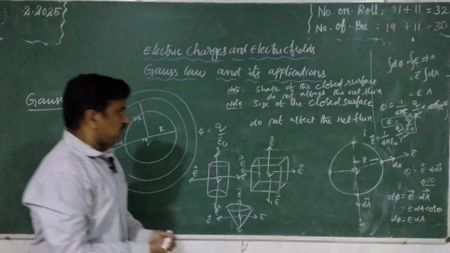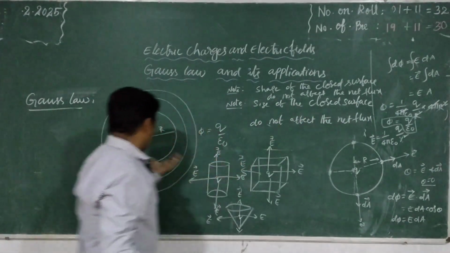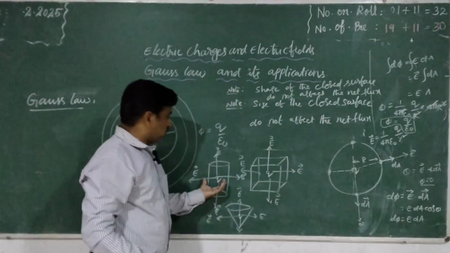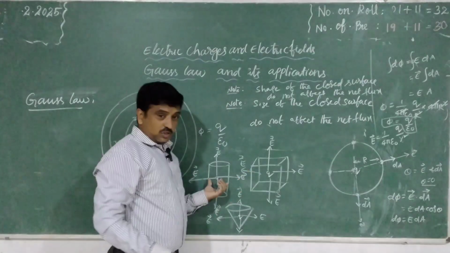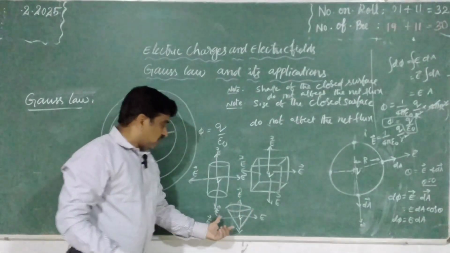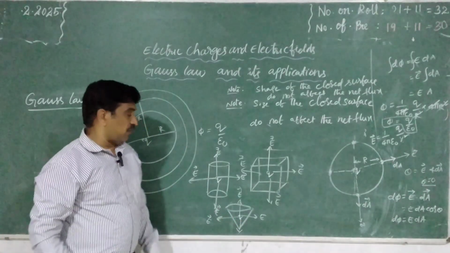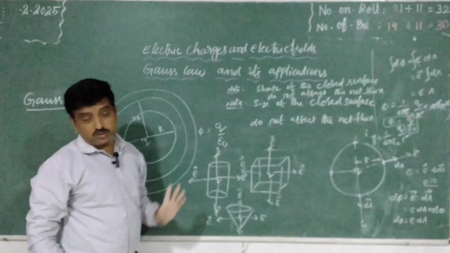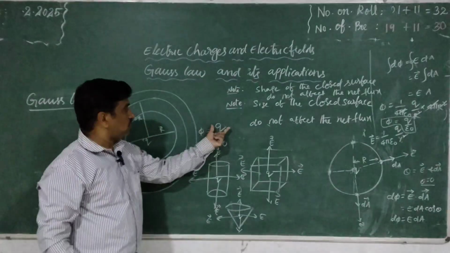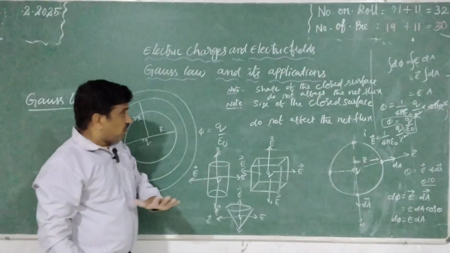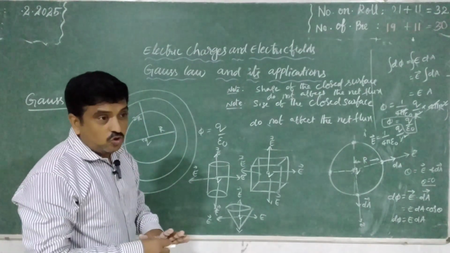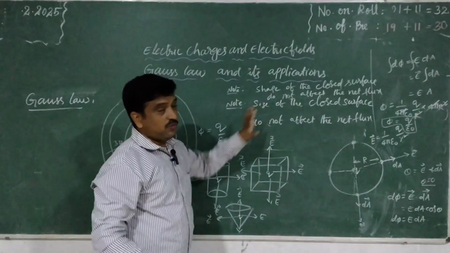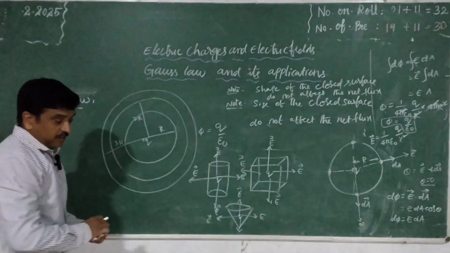Understood? The size of the closed surface does not affect it, and the shape also does not affect it. Whether it is a cylindrical, cubical or conical closed surface, the flux passing through it is q by epsilon naught. So the flux through a closed surface does not change due to the shape or size of the closed surface. Next.